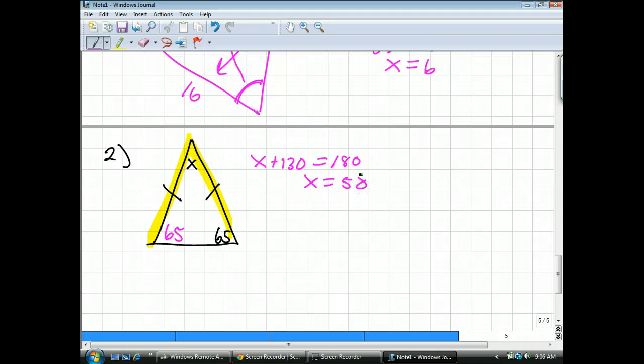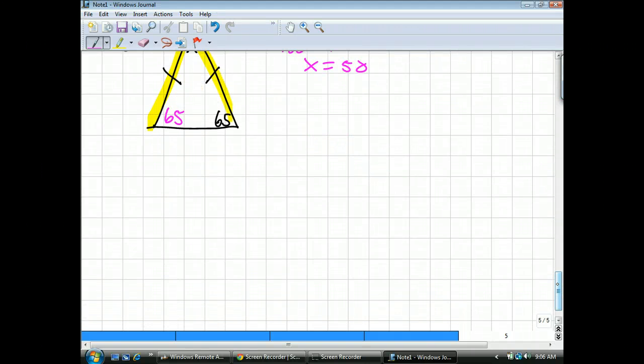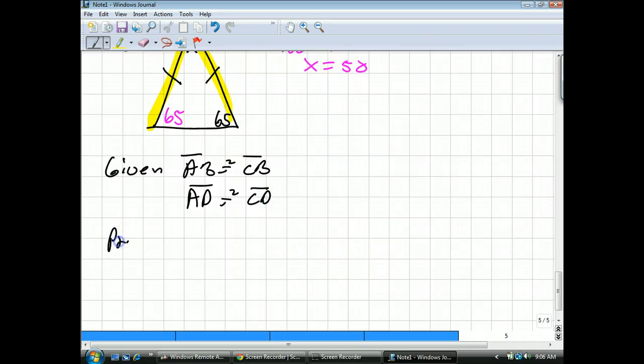All right, let's look at a proof now involving an isosceles triangle. Okay? So given that segment AB is congruent to segment CB, and segment AD is congruent to segment CD, prove that measure of angle BAD is equal to measure of angle BCD.